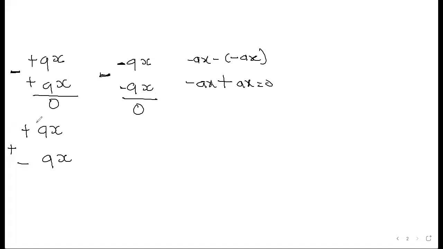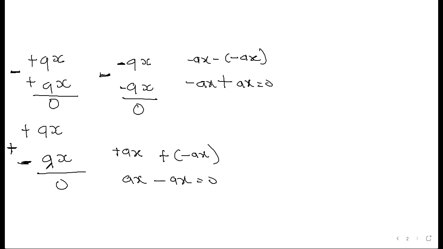If you have plus in one of the coefficients and minus in the other, you have to use plus, which means if you have opposite signs, you add. Plus ax plus minus ax will give you 0, which is what you want. What you want to do is to make sure that the variable cancels. Then this table will help you.